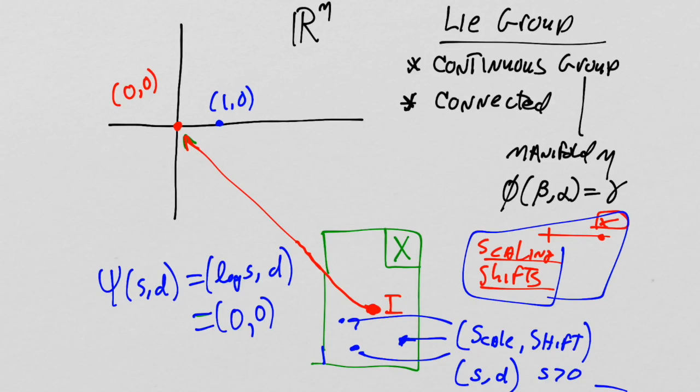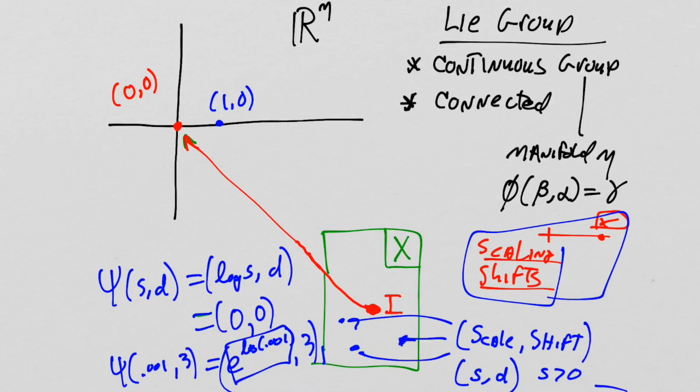And if I want a very, very small scaling, say S was 0.001 or something, I want to shrink the coordinate to 0.001, and I want to shift by, say, 3. Well, that's going to be e to the log of 0.001, comma, 3. And e to the log of 0.001, by the way, is going to be a negative number, right?